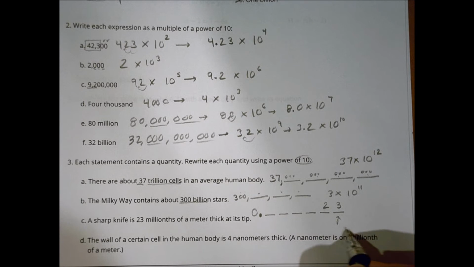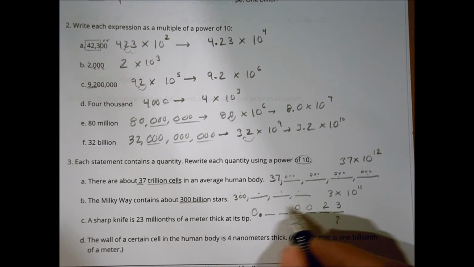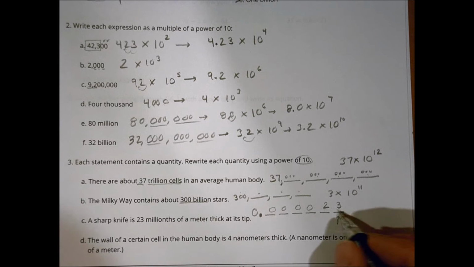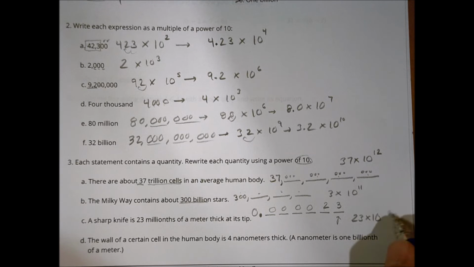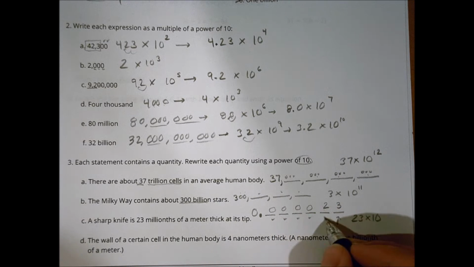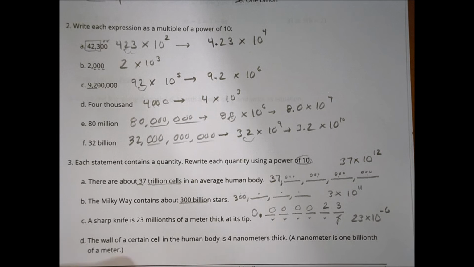Now fill in these zeros like so. So now as a value, I could say this is going to be 23 times 10 to the, and we have 1, 2, 3, 4, 5, 6 spaces behind the decimal, 10 to the negative 6th power. And that works just fine.